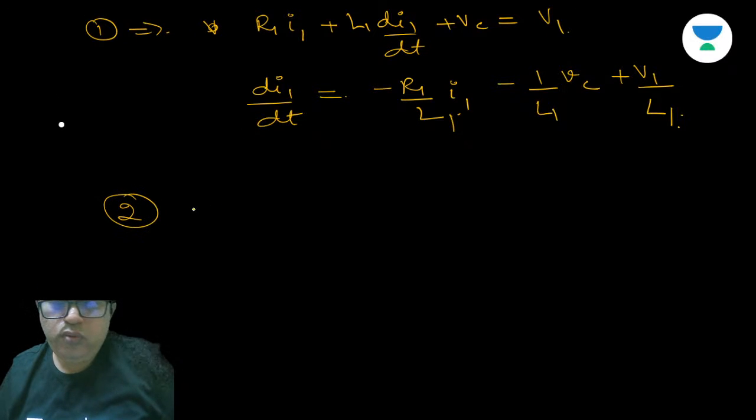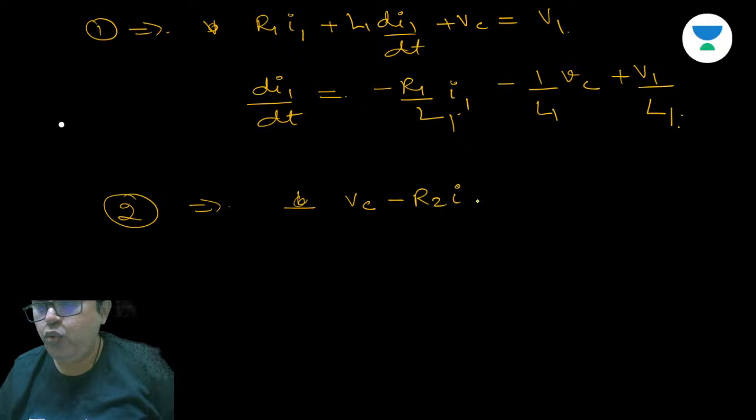Okay. So equation 2 gives 1 by C, VC minus R2 I2 minus L2 di2 by dt is equal to V2.